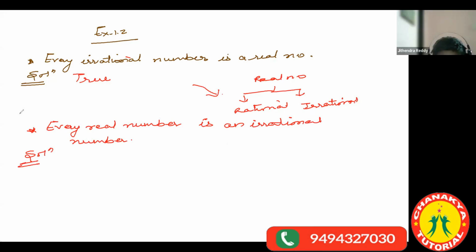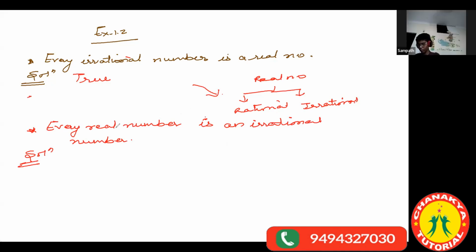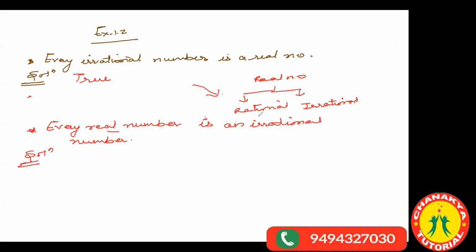Is it correct? No, ma'am. This statement is false because every real number means it includes rational and irrational number. Right? So rational number can't be irrational. Clear, beta? So this is false.